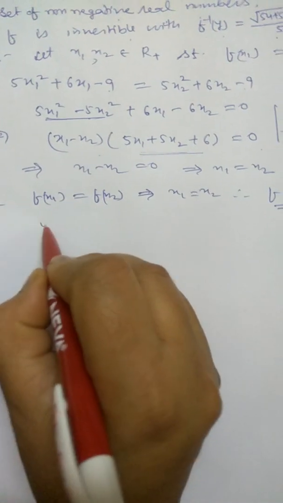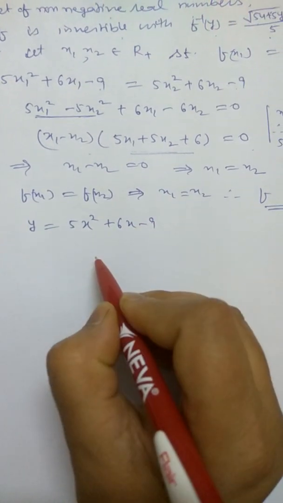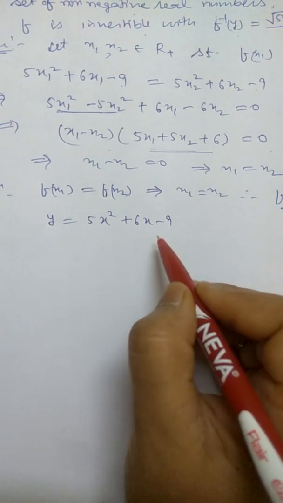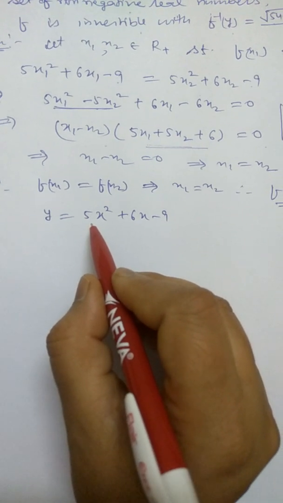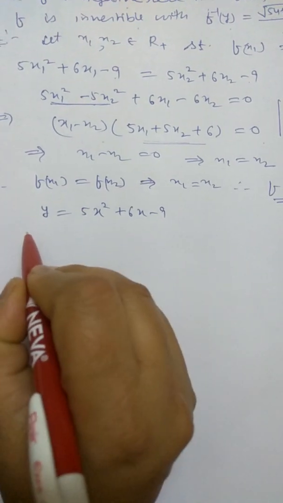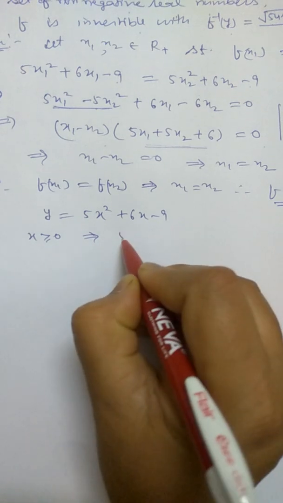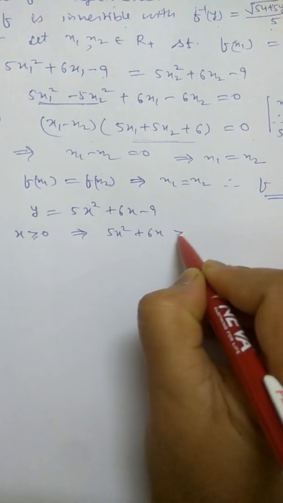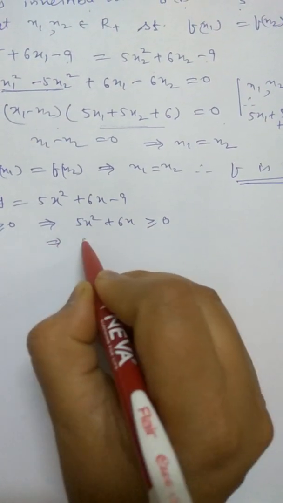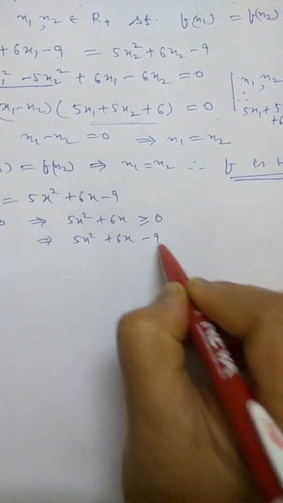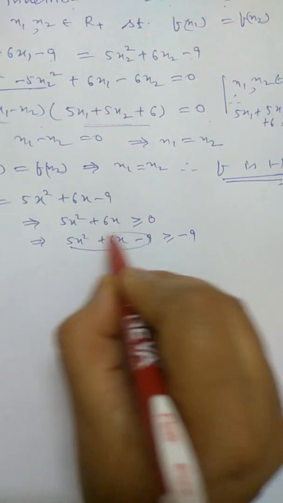For onto, here y = 5x² + 6x - 9. Here we have to find the range of the function. As x is greater than or equal to 0, therefore 5x² + 6x is also greater than or equal to 0, and this implies 5x² + 6x - 9 is greater than or equal to -9, and this term is y.